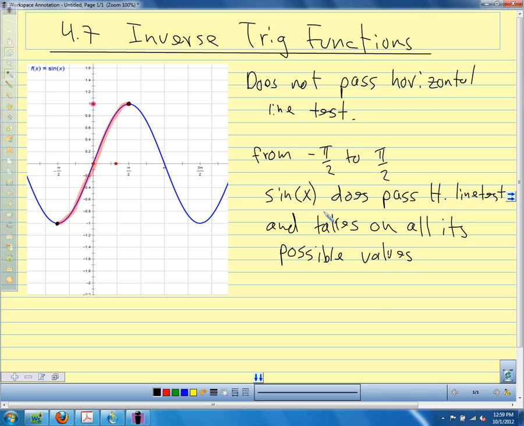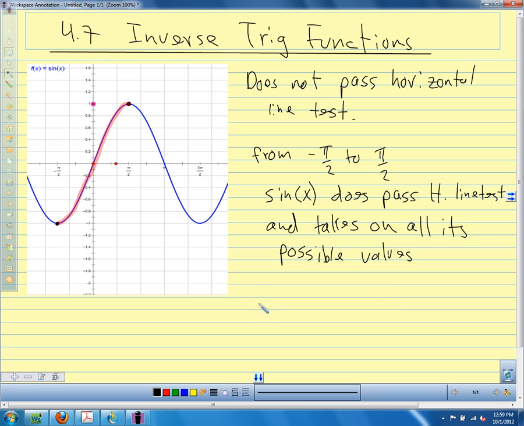So for x between negative pi over 2 and pi over 2, we can define an inverse function for y equals sine x. If we restrict the domain of our sine function to negative pi over 2 to pi over 2, we can define an inverse sine function.